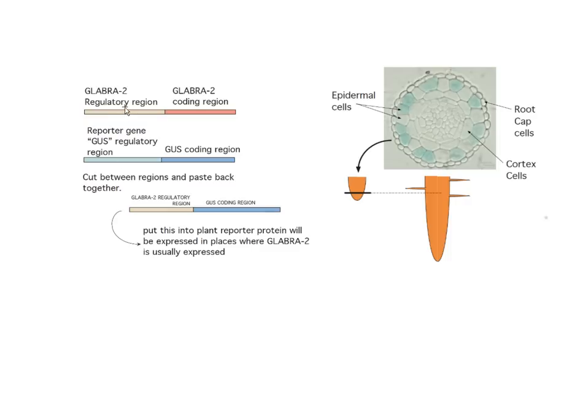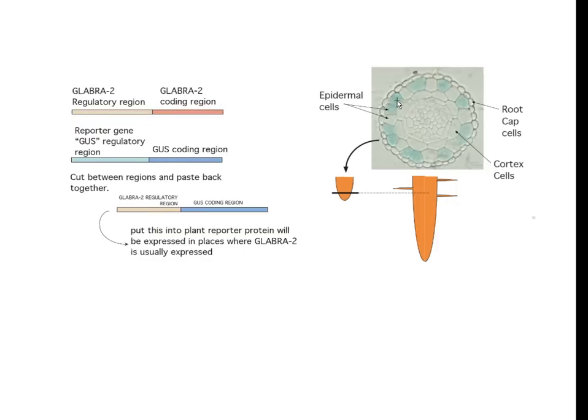So you use a glabra regulatory region, you use a GUS coding region. GUS is the protein that turns cells blue. Only those cells that express glabra will express GUS, and so that is our evidence that these are the cells that express glabra. So in a wild-type plant, these are the cells that will not form root hairs.